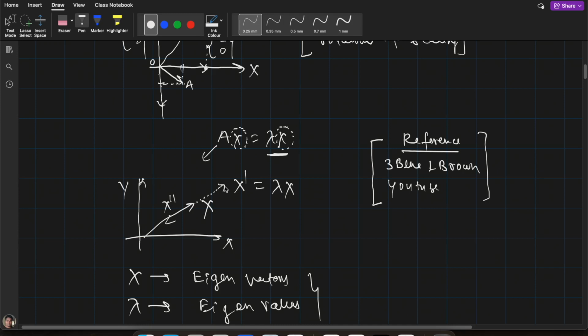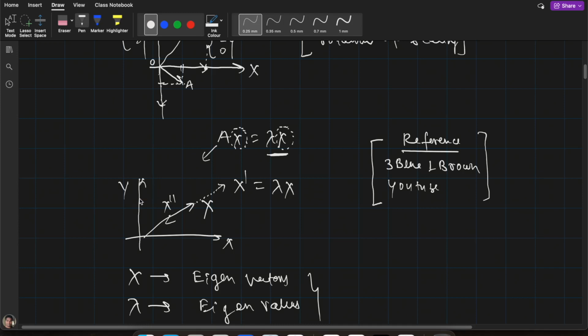So that is called what? The eigenvalue and eigenvector game. The scaling is called the eigenvalue, and those X are called eigenvectors. It's fine now? Yes, lambda is the amount by which we scale the vector X in the same dimension.